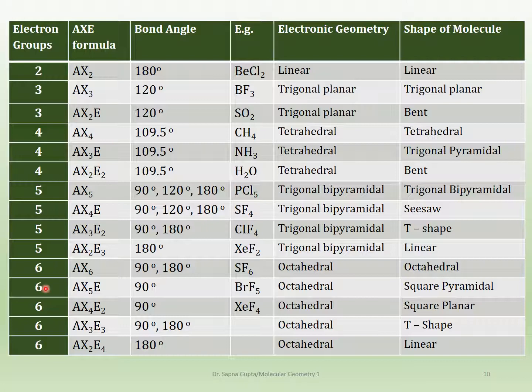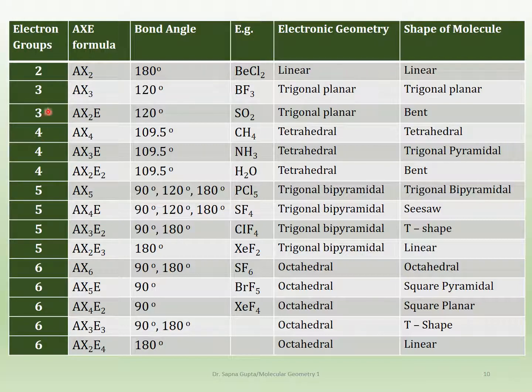This slide is a little bit busy, but I will tell you what's on it, okay, and it'll be easy to then figure out how to use this. This is just a table of all the different electron groups and the different shapes that are possible for molecules, okay, with those electron groups. So for example, if you have two electron groups, this is the only shape that is possible, which is linear.